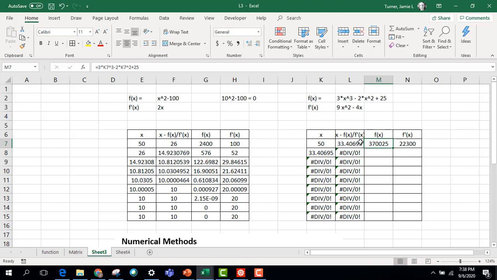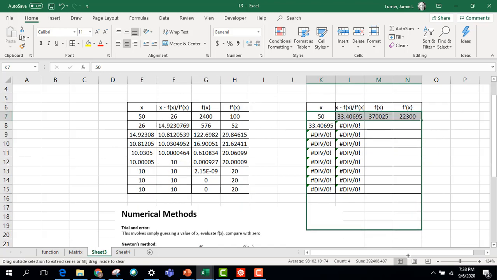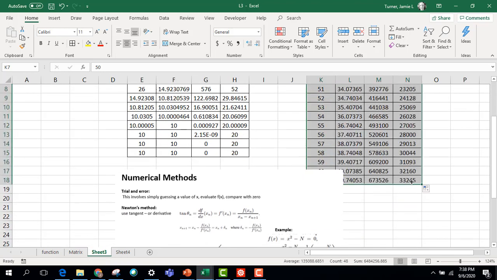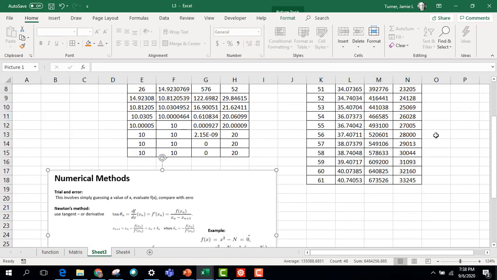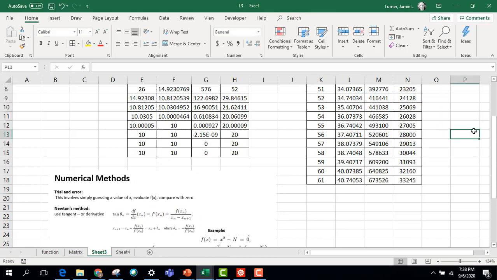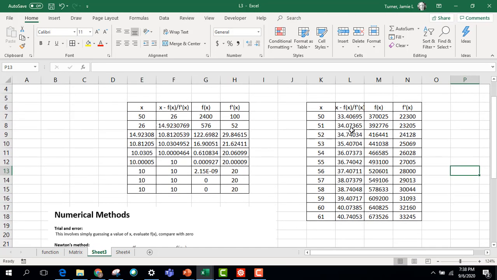So now we have both of our functions in here, and we have the point minus f sub x, and we can drag this down and see if we get something that goes through 0. And I haven't. Now this one, wow, 33, 34, this is not, it requires you to have a good starting point.